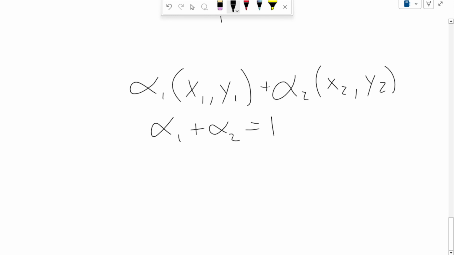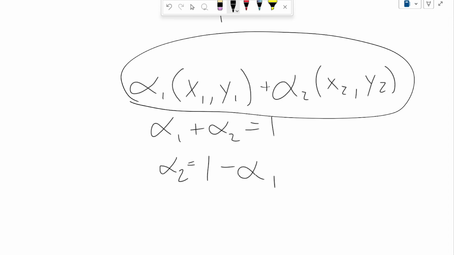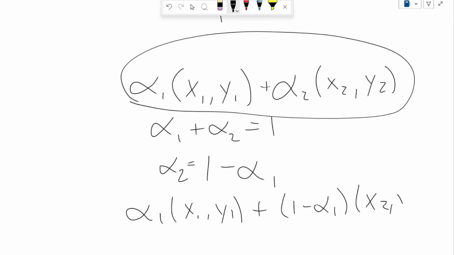Well, I can solve for alpha 2. This means alpha 2 has got to be equal to 1 minus alpha 1, right? So I can just substitute that in here. That's going to give me alpha 1 times x1, y1 plus 1 minus alpha 1 times x2, y2.